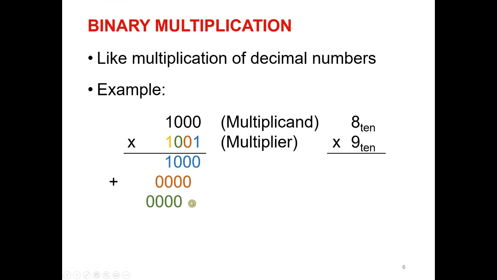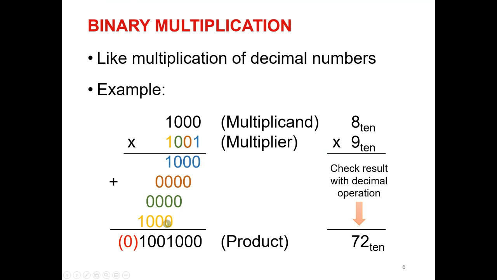And finally, I will multiply the last digit, which is 1 in yellow, by the multiplicand. So in the end, I will have all these numbers, which I will just add, and I will have those numbers here.